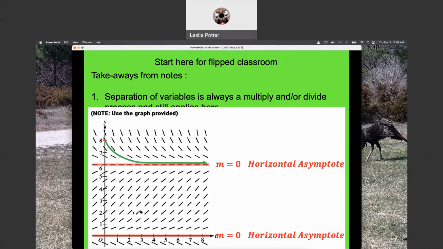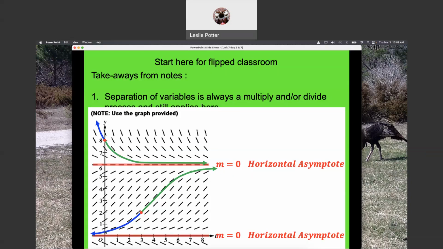But if I wanted the particular solution down here through 3, 2, I would need an equation that has this as its particular solution, which means my C is going to be right here at this intercept location.